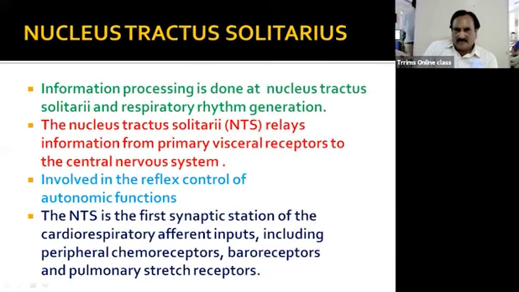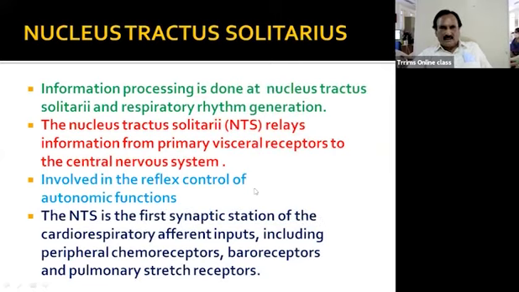So information processing is done at the nucleus tractus solitarius, and the respiratory rhythm generation. Nucleus tractus solitarius relays information from the primary visceral receptors to the central nervous system, involved in the reflex control of the autonomic functions.